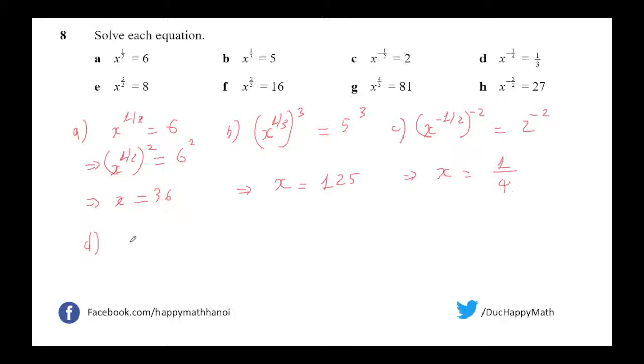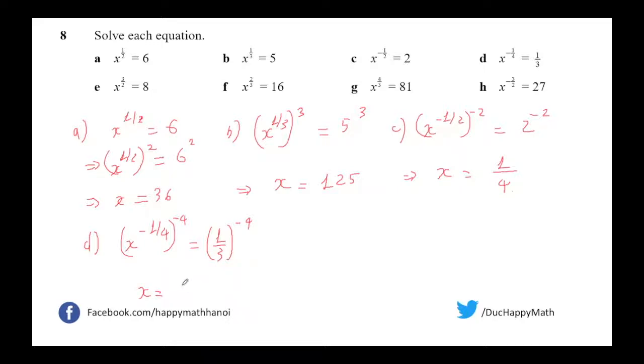Question D. Minus 1 over 4 and 1 over 3. And the new power number I will put here is minus 4, because minus 4 times minus 1 over 4 will be equal to 1. So I put here minus 4.